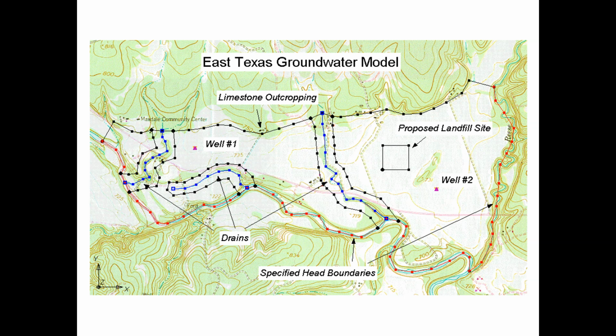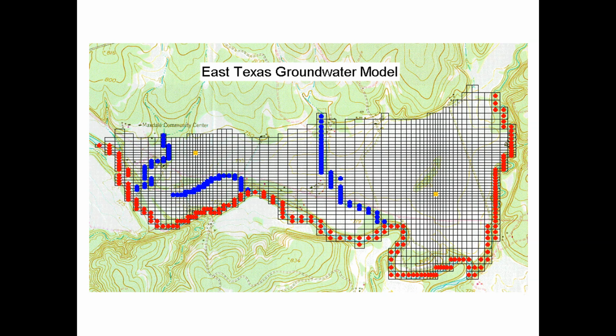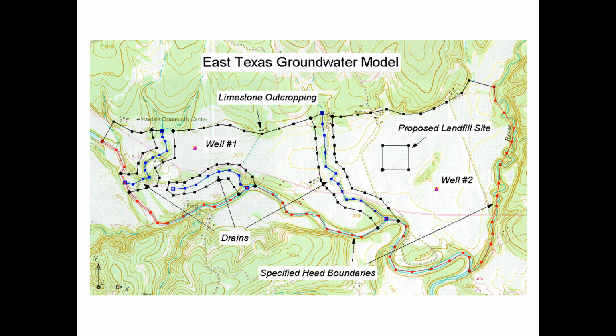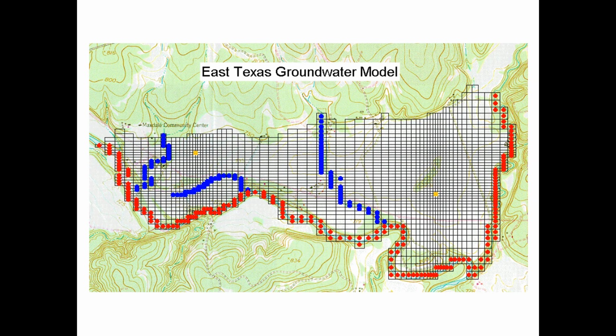And what do we mean by solve it when we're done? Well, first of all, this is kind of a conceptual model rendering. We then convert that to a numerical model. This is a MODFLOW computational grid. And essentially, we then solve that governing equation for each of these cells in the grid.